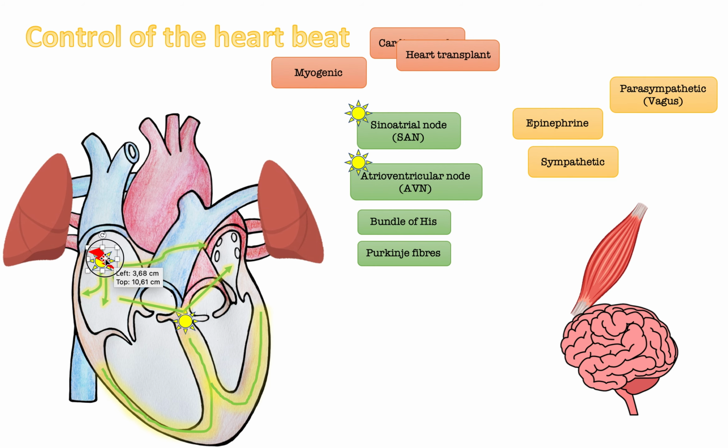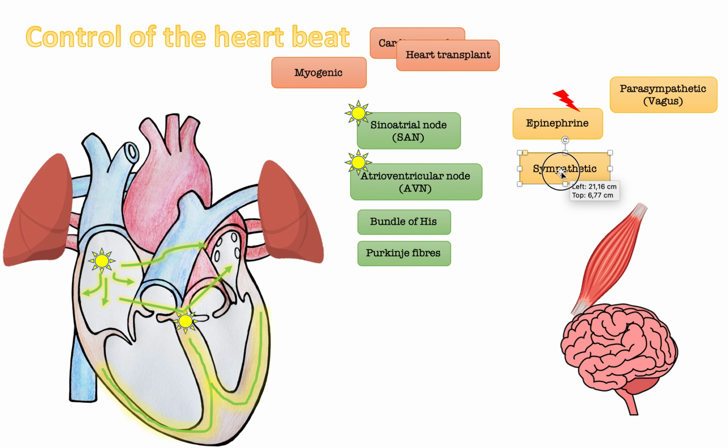And when it reaches this node, it tells that node to speed up, to make the heart work faster, because you're stressed and you need more blood at the rest of your body. Because when you're stressed out and you think you're going to have a terrible situation, you might need more oxygen, more blood to your muscles, so you can perform better, so you can fight off that person or whatever you're doing. So that's what epinephrine does. It speeds up the rate of the SA node.